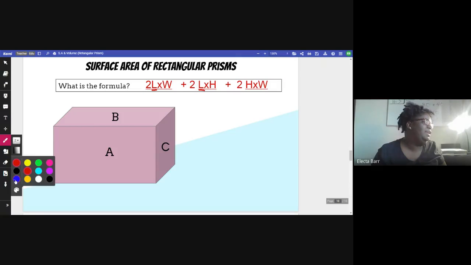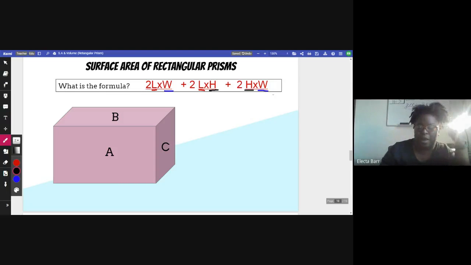I'm multiplying the width twice, here and here. And then I multiply the height twice here and here. So you notice that you're multiplying each of those dimensions at least twice, which all of it is being multiplied by 2. Remember, because there's 2 A's, there's 2 B's, and there's 2 C's.